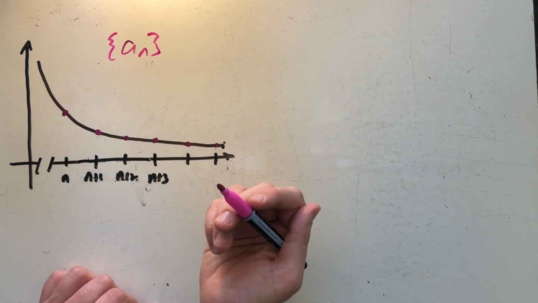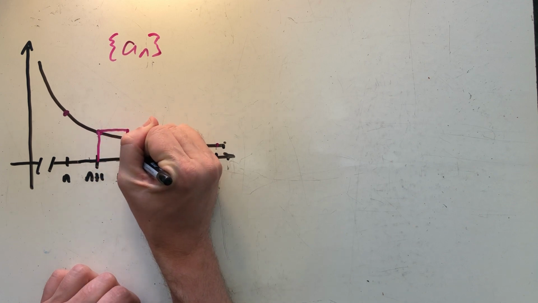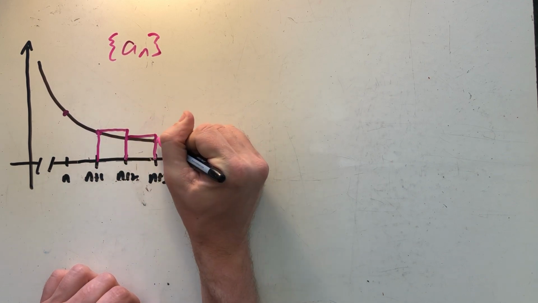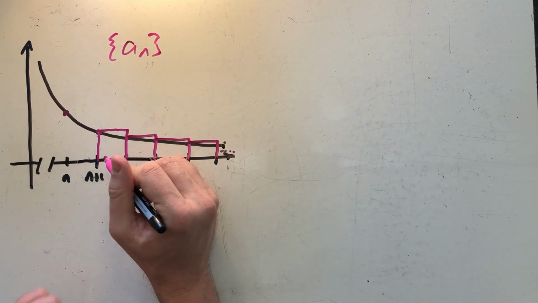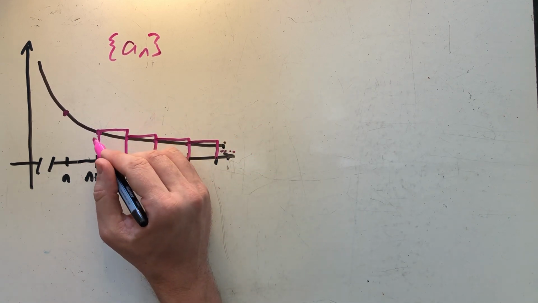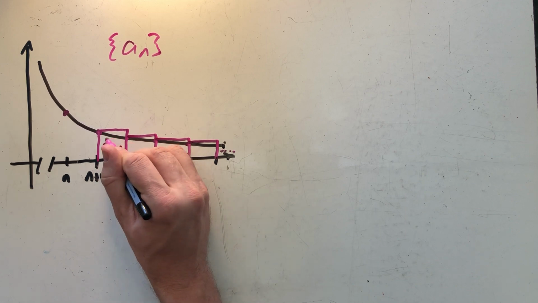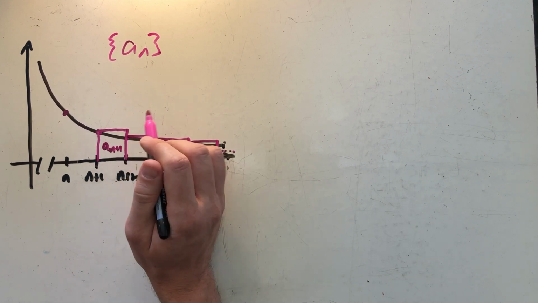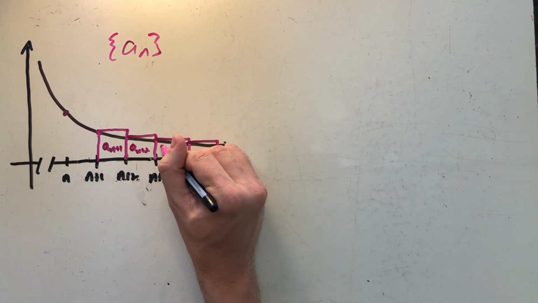But to think about a series, I need to be adding together a bunch of values. And in this diagram, I can do that by thinking about these areas. Imagine continuing to do that. Because I plug n plus 1 into the function, and I get a sub n plus 1 times the width of 1. That little rectangle's area is a sub n plus 1. And that's true about all of these.